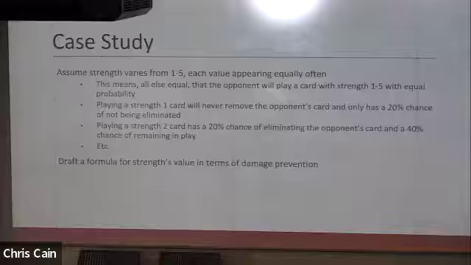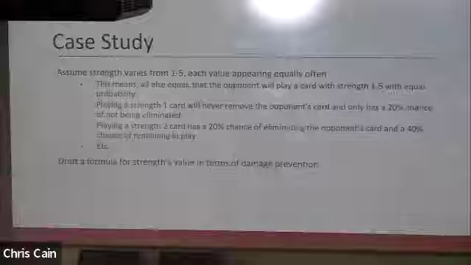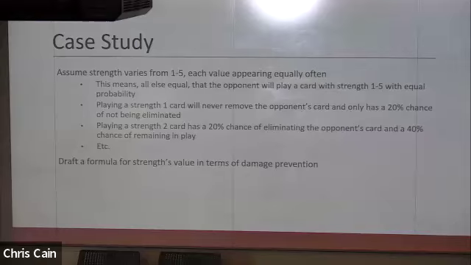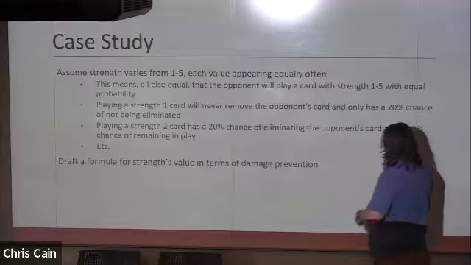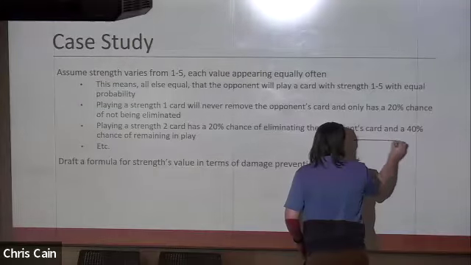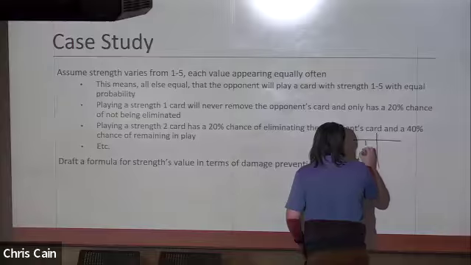First of all, how do we get the probability that we cancel out their card? That's just a table. We're going based off of the first part of this. We play a strength 1 card.